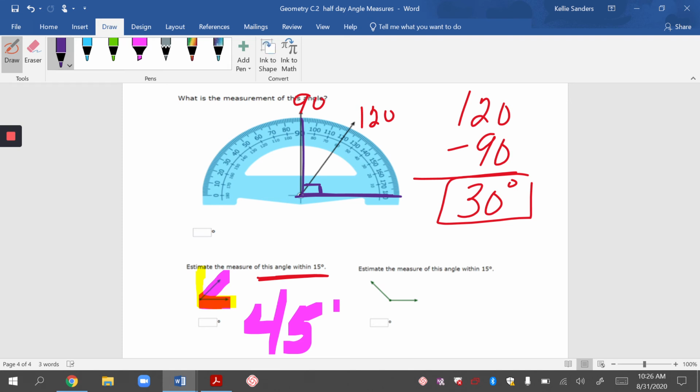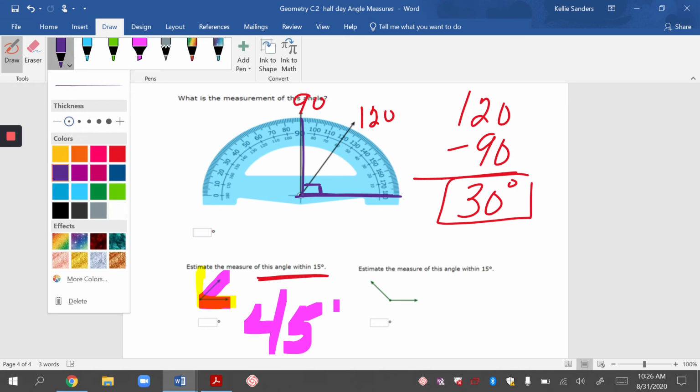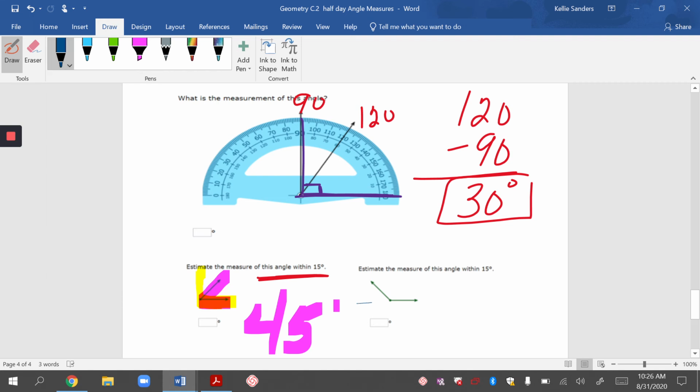Okay, on this one, if we extended the whole thing right here, that would make just a straight line, and a straight line is 180 degrees. Then, if we made two 90-degree angles right there, then the angle that we're looking at is halfway between 90 and 180.